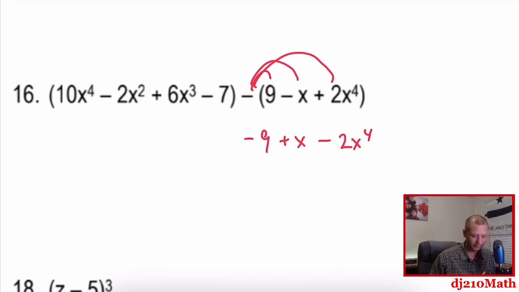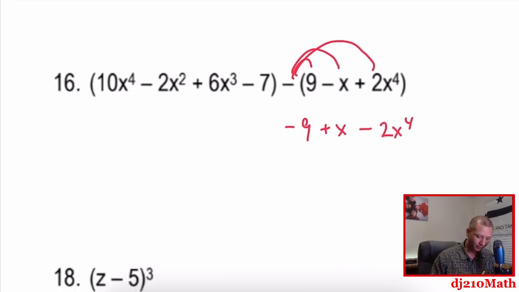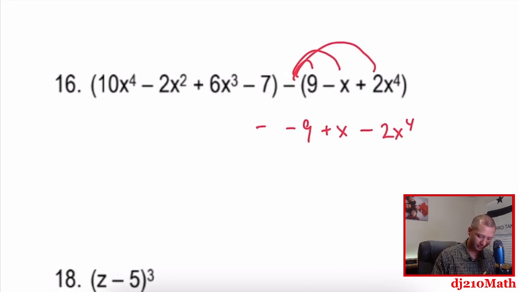And then everything in the first polynomial is just going to get added. So technically you don't even need to write it. We're just going to combine like terms at this point. So 10x to the 4 minus 2x to the 4, 8x to the 4. Plus 6x cubed.